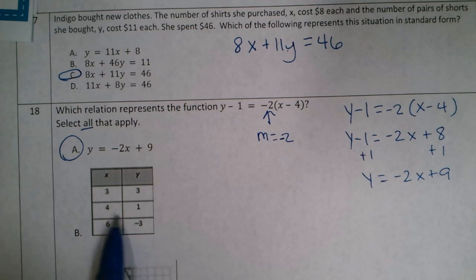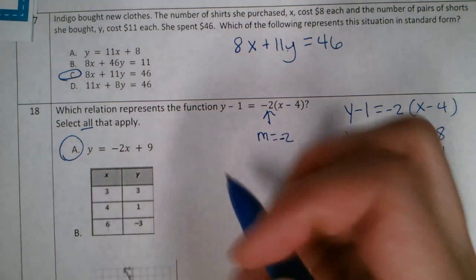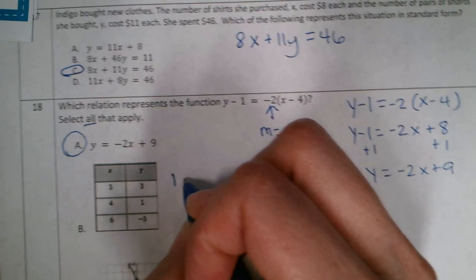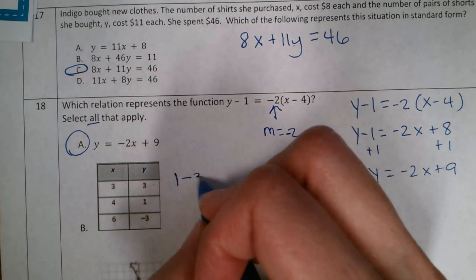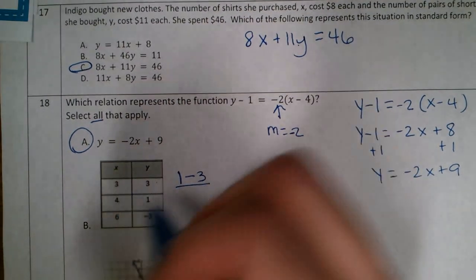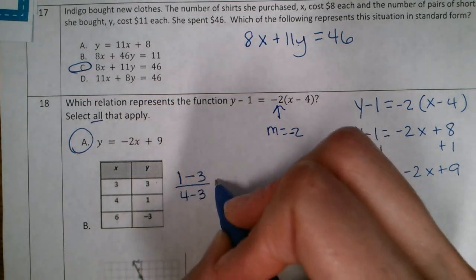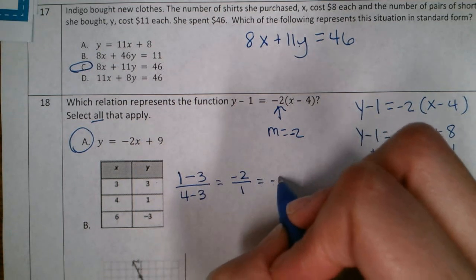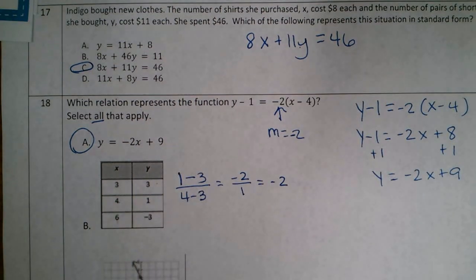This table says we have these x values and these y values. If I want to figure out the slope, I can calculate the slope by using my slope formula. 1 minus 3 over 4 minus 3. I get negative 2 over 1, so my slope does match.